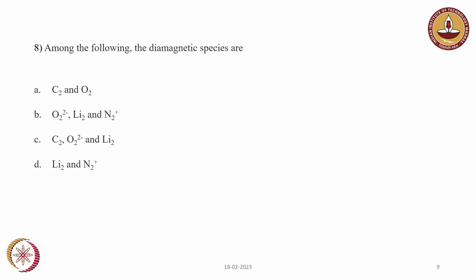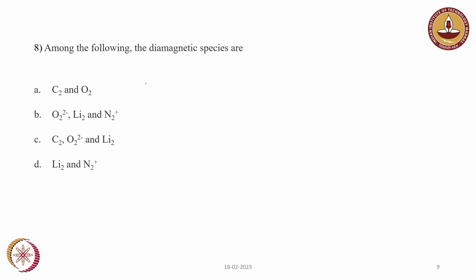And the next question is: among the following, the diamagnetic species are. Option A is C2 and O2, B is O2 2 minus, Li2 and N2 plus, C is C2, O2 2 minus and Li2, D is Li2 and N2 plus.